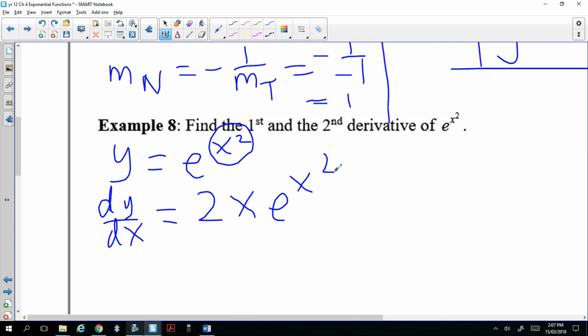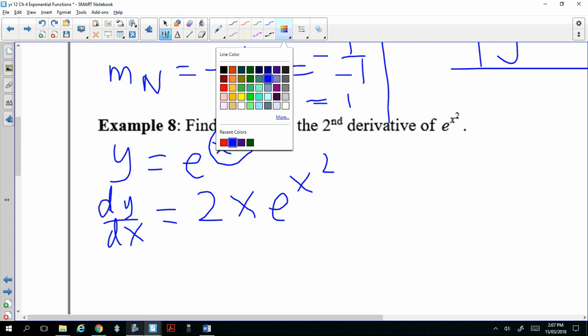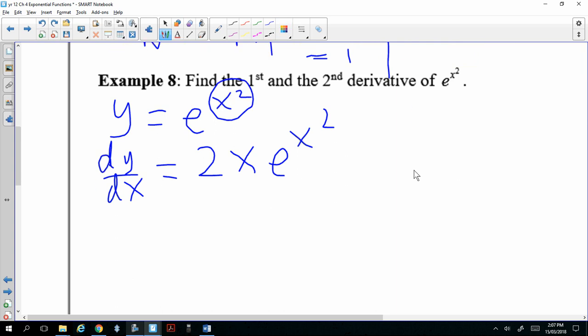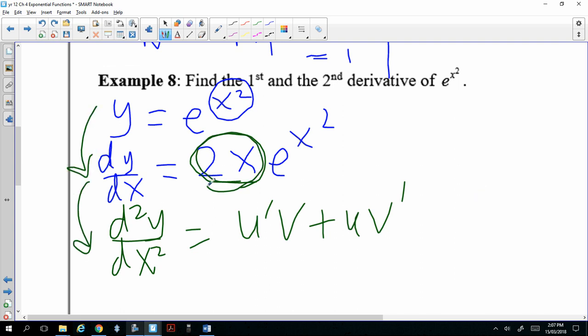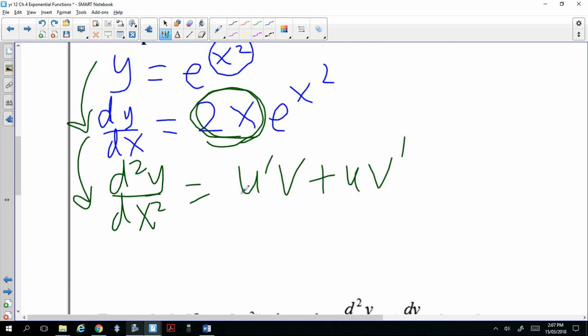Now, what happens if you find the second derivative? Second derivative, you have to use the product rule. Like that. So be careful, the first one you don't use product rule, but the second one you do because of the extra x in front. And then you're going to differentiate, which is 2 e to the power of x squared.